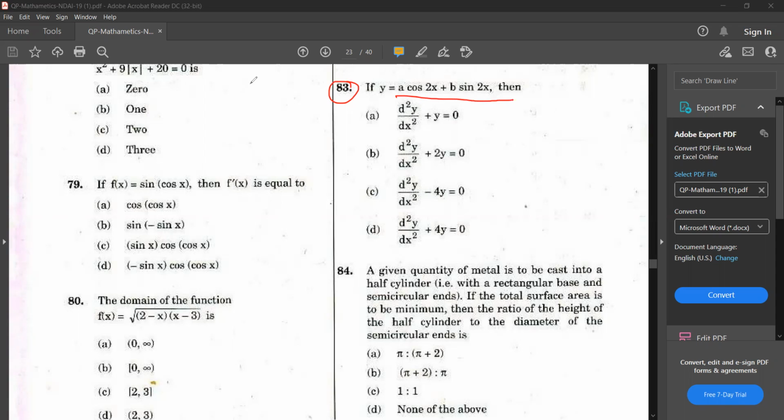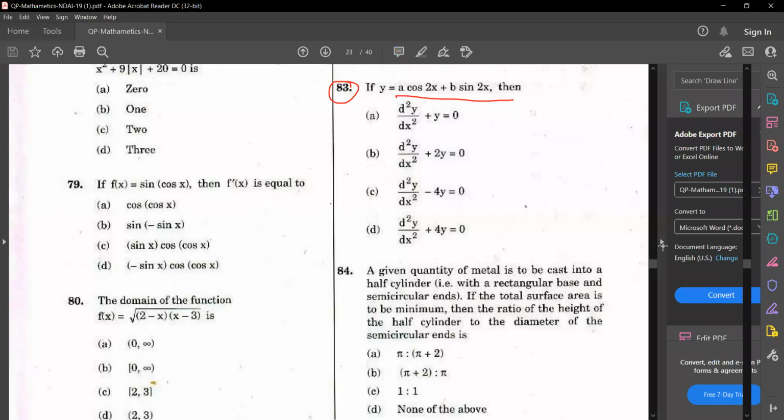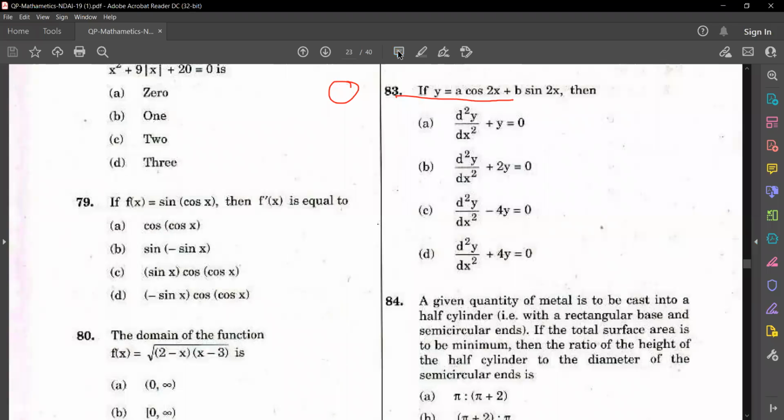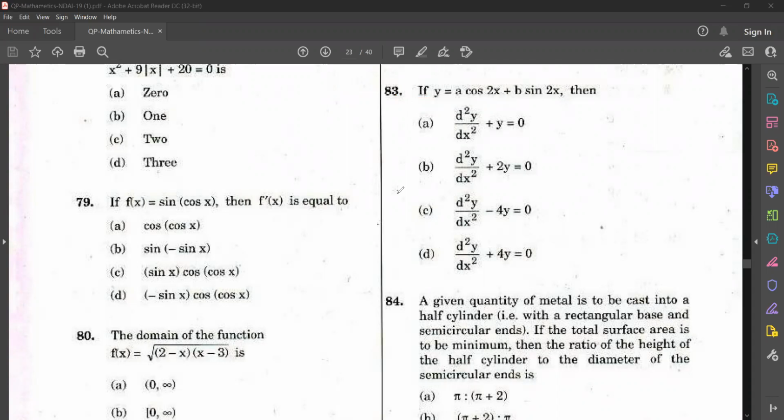That is an easy direct question. Okay, have you got the answer?